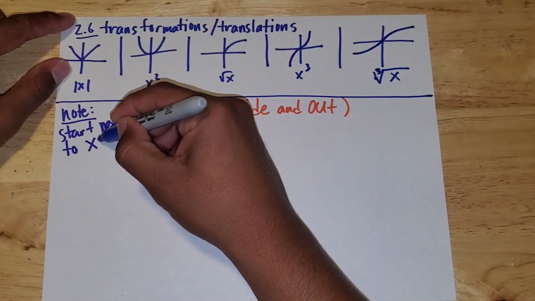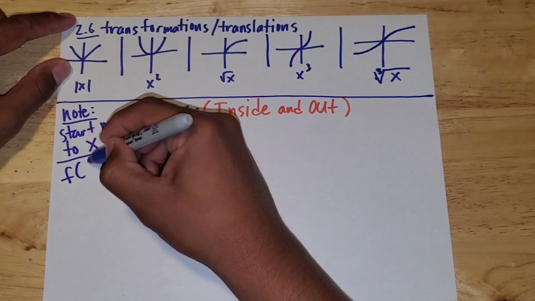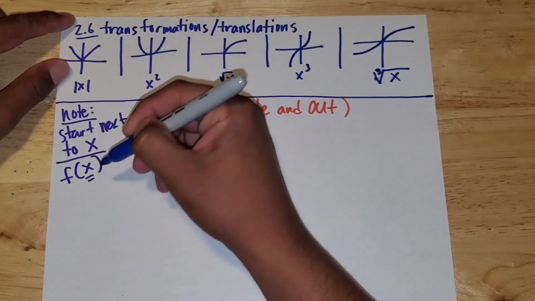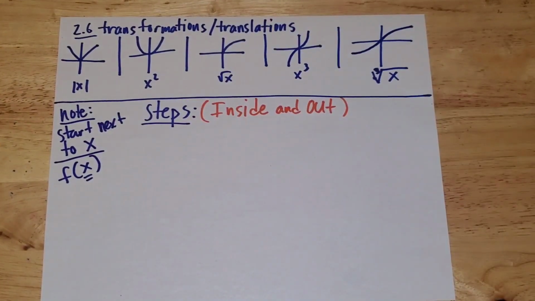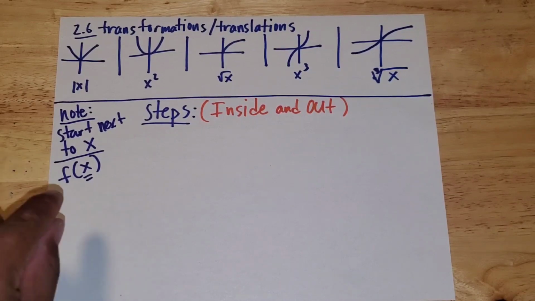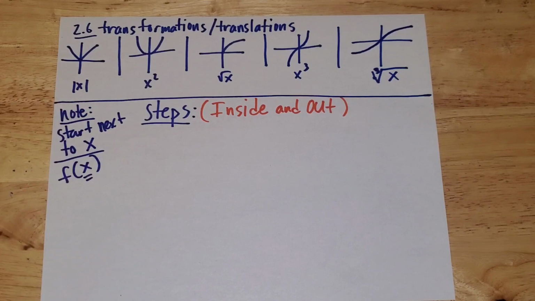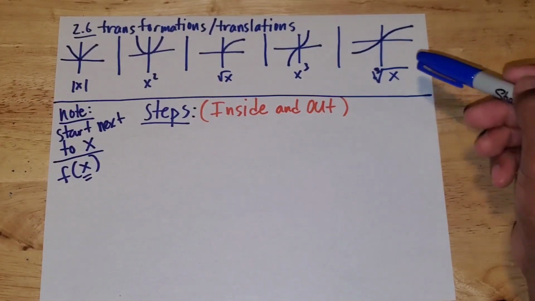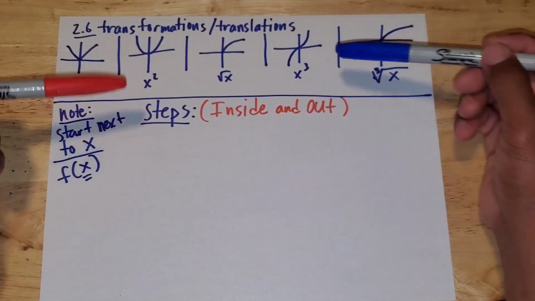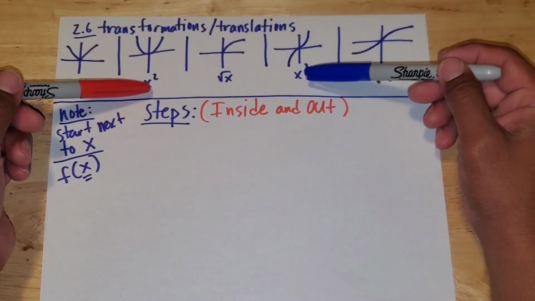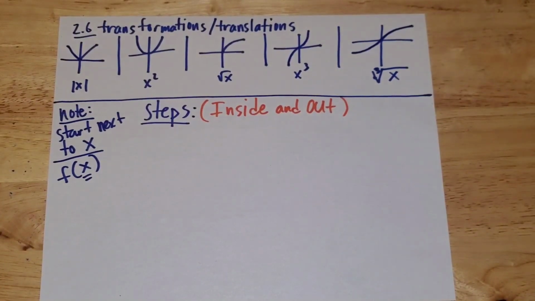When we're talking about function notation, the x inside the parentheses is going to be on the inside. You can see this x inside these parentheses, and in some of these functions, x is inside absolute value, inside the square root, inside the cube root. It doesn't look necessarily inside x squared or x cubed, but we're going to look at some transformations where you will see how it's inside. So it's going to make more sense when we do an example.